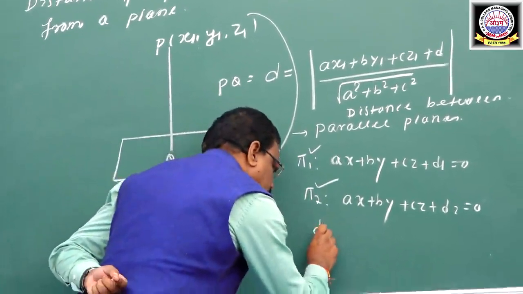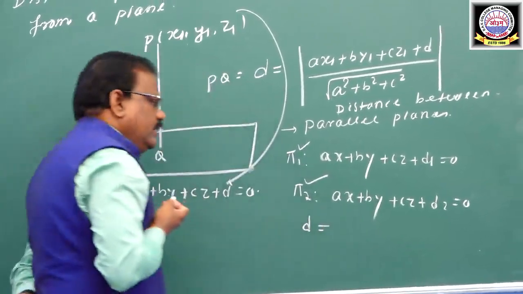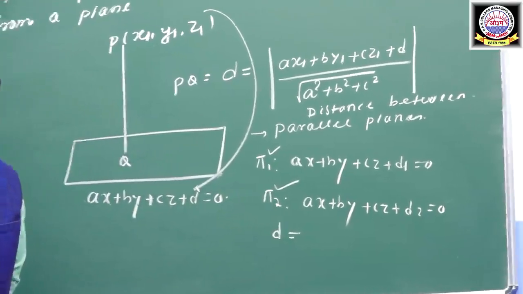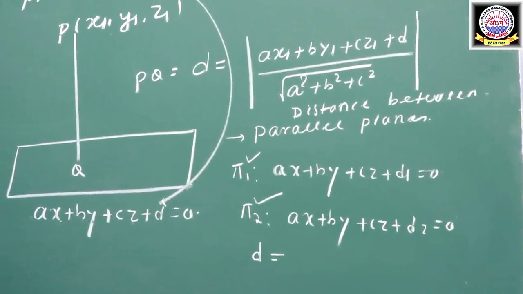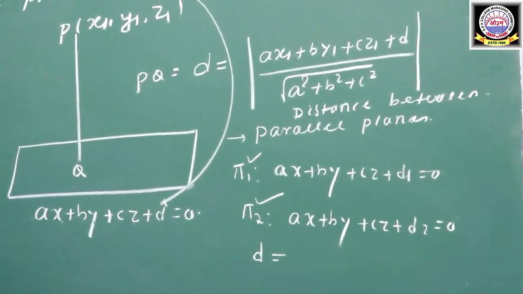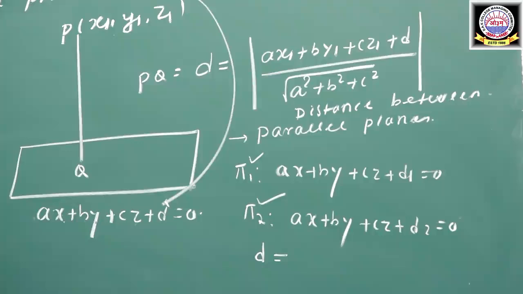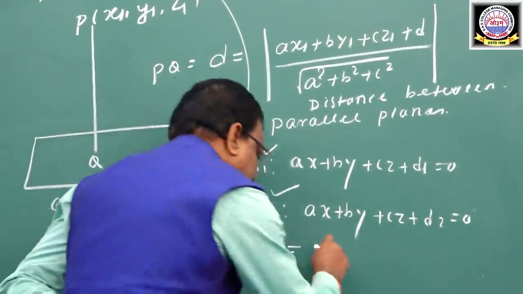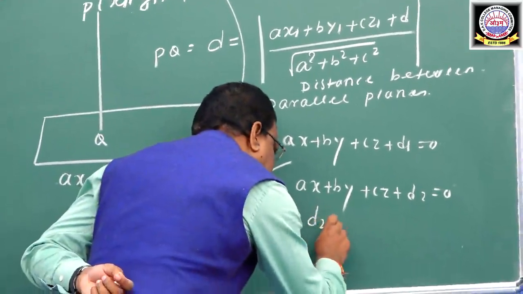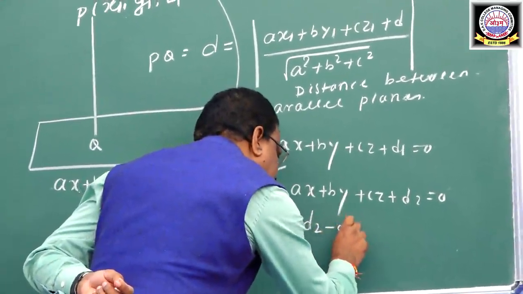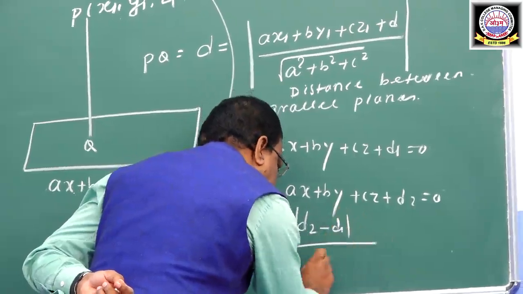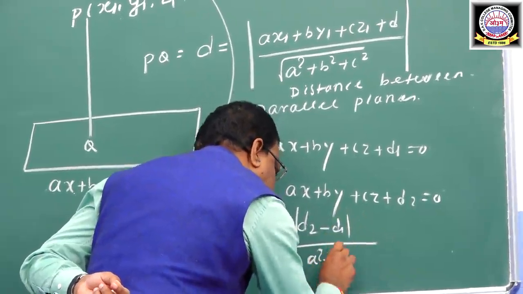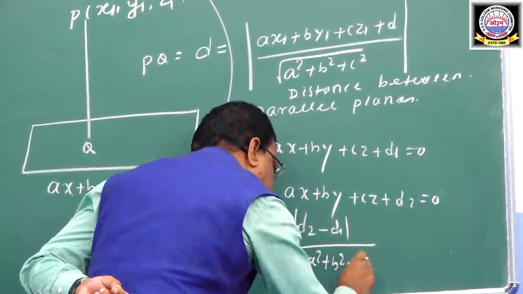Recall from class 11: it was the modulus of c2 minus c1 divided by the square root of a square plus b square. Exactly similar here: the modulus of d2 minus d1 divided by the square root of a square plus b square plus c square.